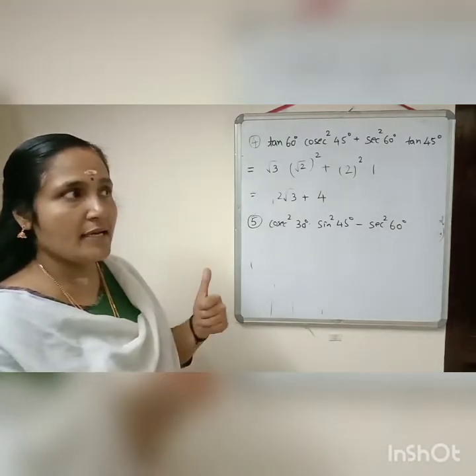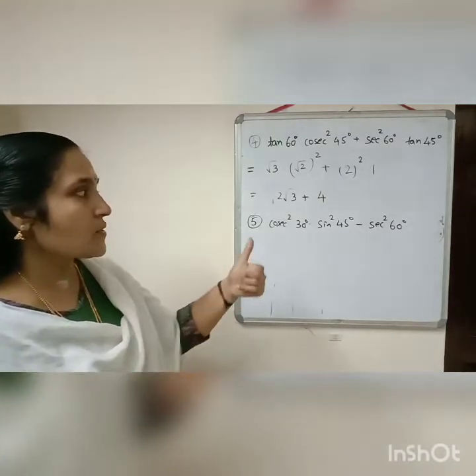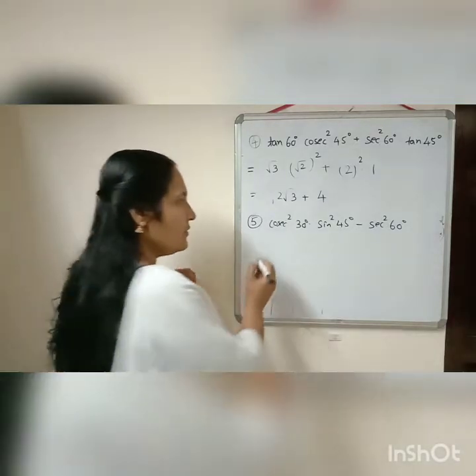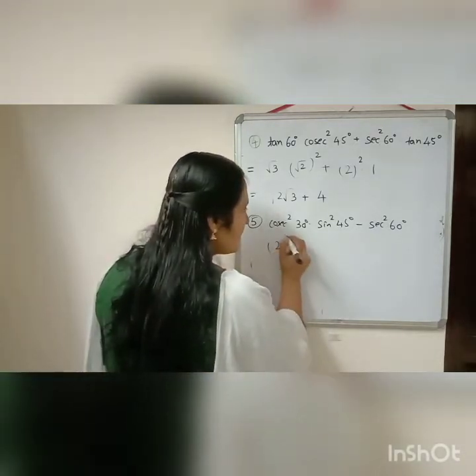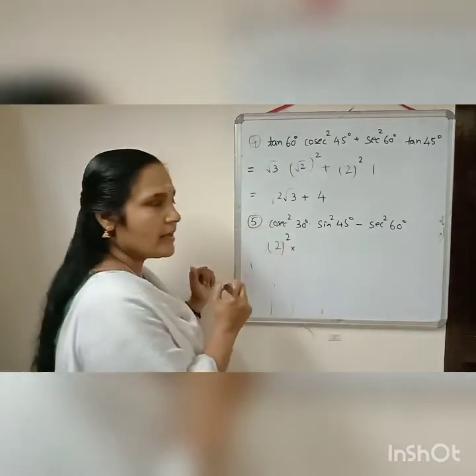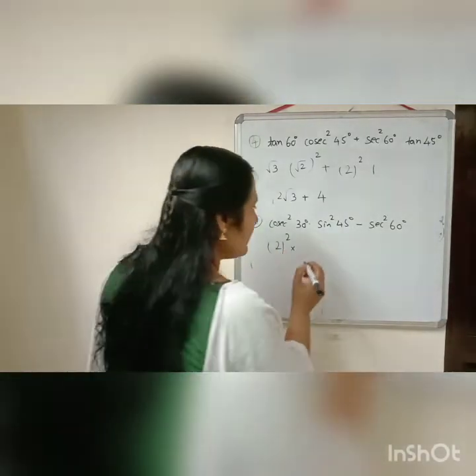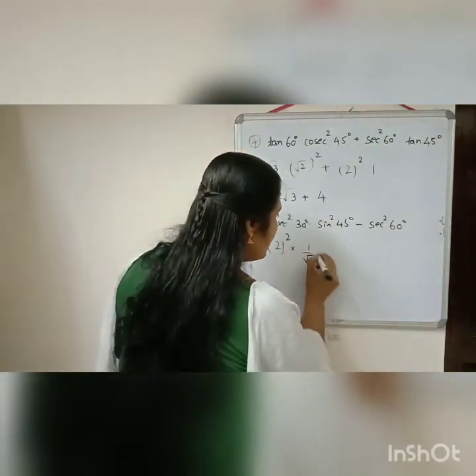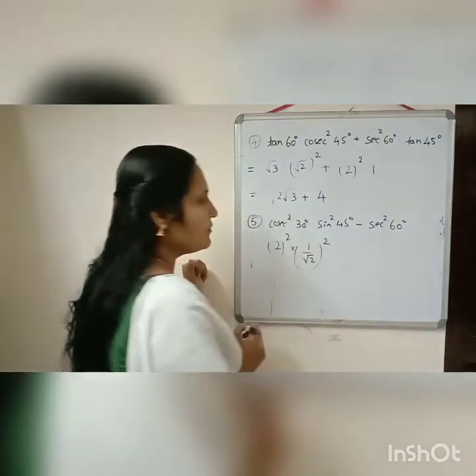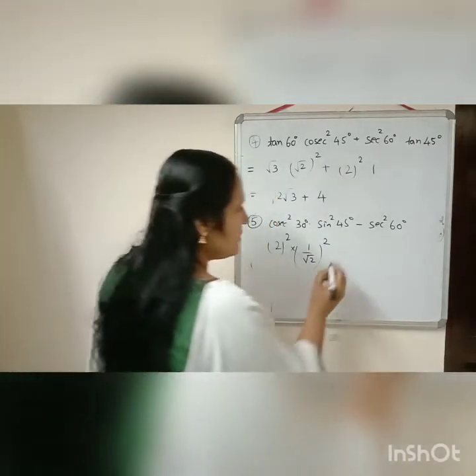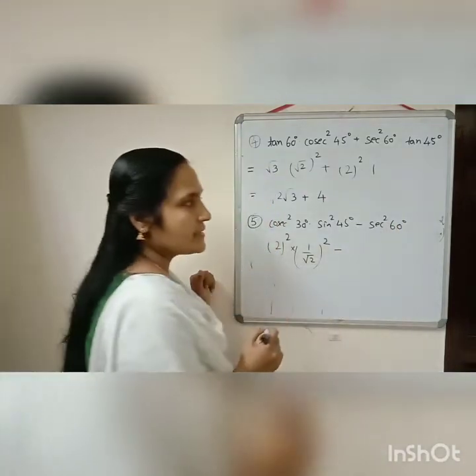Yes, sin 30 degree is 1 by 2. So cosec square 30 degree will be equal to 2 square. Correct? Then into sin square 45 degree. Sin 45 degree is 1 by root 2. So it will come 1 by root 2 the whole square minus sec square 60 degree.